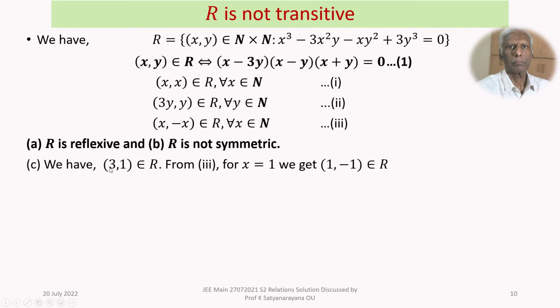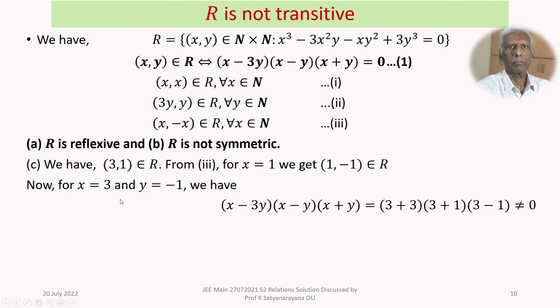Is (3, minus 1) going to be an element of R? For that, for x is equal to 3, y is equal to minus 1, substitute here, whether it is equal to 0 or not, we can see. If you substitute in this, you get this. It is clearly not equal to 0.